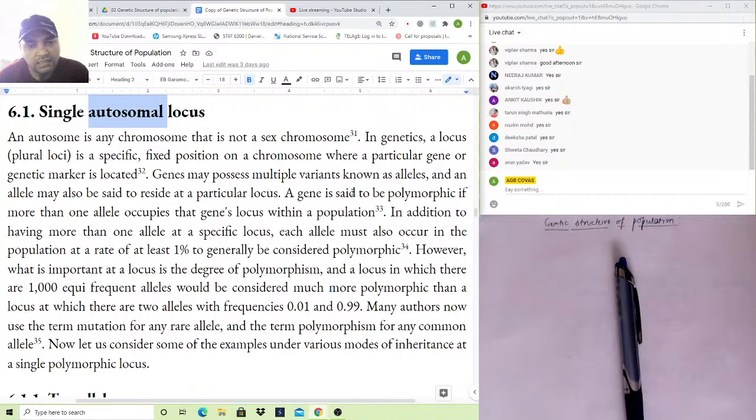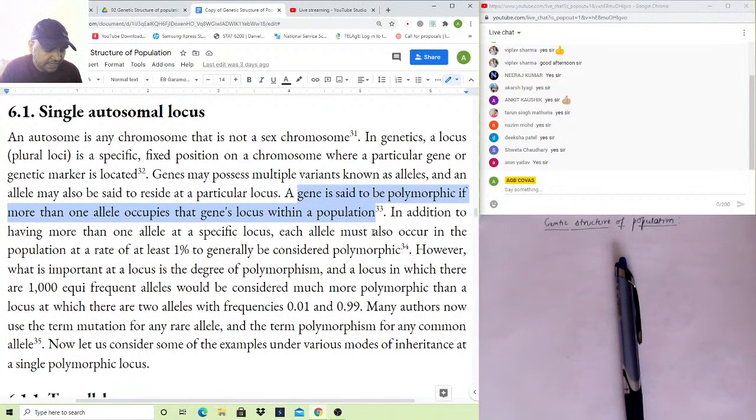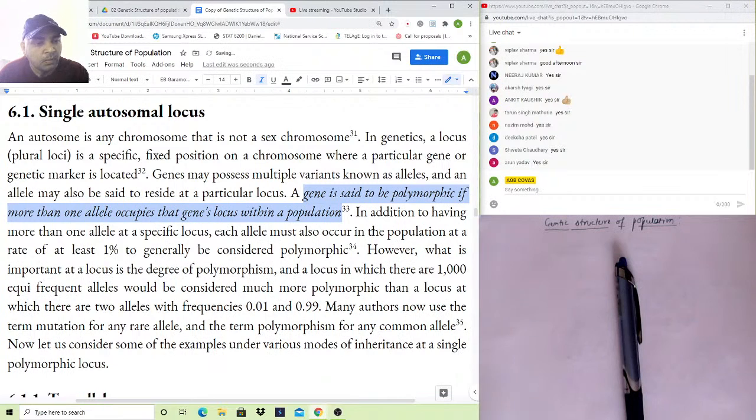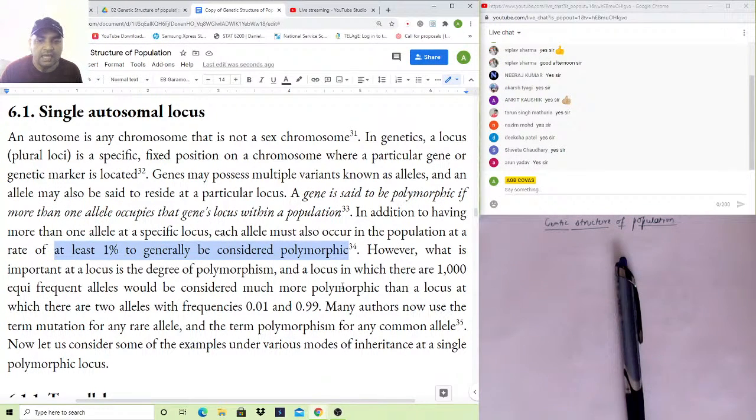Okay. Now, a gene is said to be polymorphic if more than one allele occupies that gene's locus within a population. So, when is a gene said to be polymorphic? When more than one allele occupies that gene locus within a population. In addition to having more than one allele at a specific locus, each allele must also occur in the population at the rate of at least 1% generally to be considered polymorphic.